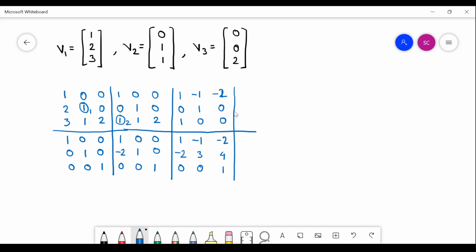That is the check. If some column becomes 0 with non-zero elements in the bottom, that means that we have a dependency relationship between the chosen vectors. If we don't have that coming up, that means we have an independence relationship between the vectors.